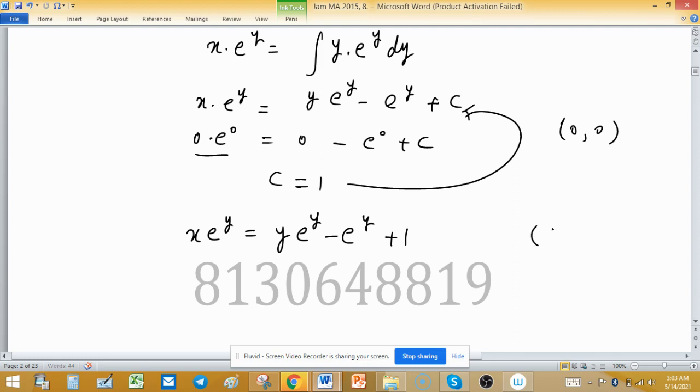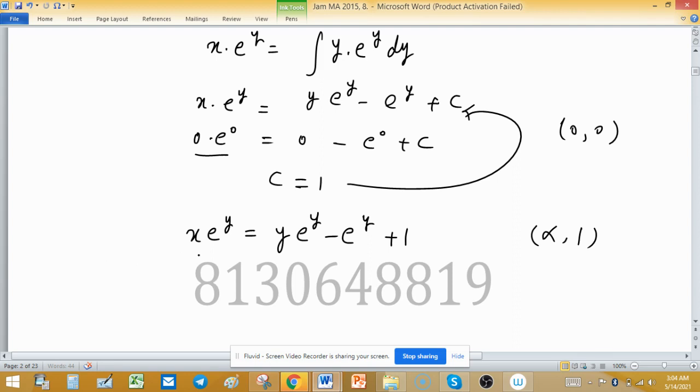Now another condition is that (alpha, 1) also lies on it, meaning this integral curve passes through this point also. So put x as alpha and the value of y as 1.